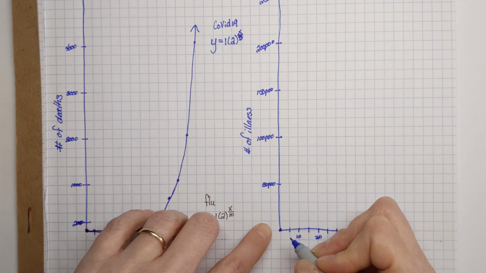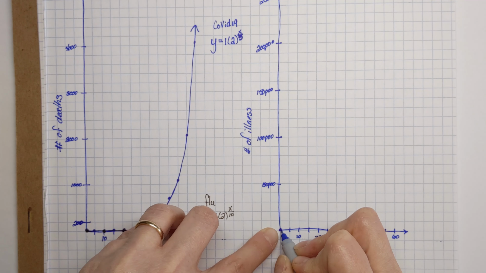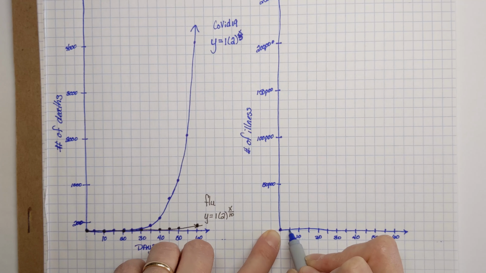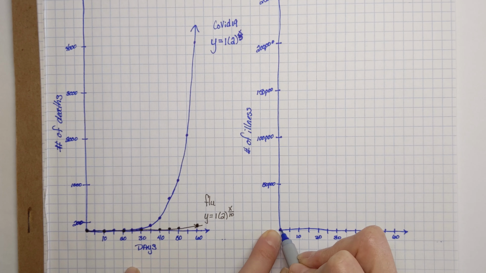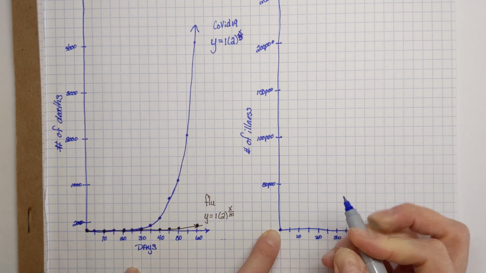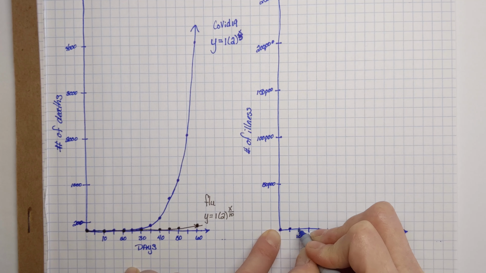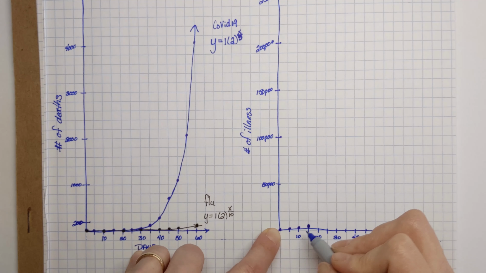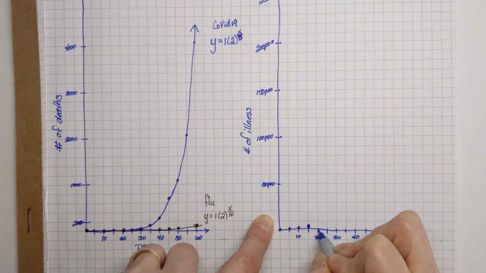So that's still, if the first tick mark is 10,000, that means this is not coming off of the grid here, okay? But it doubles every 5 days. So if we have 100 people here, that means we have 200 people. 400, 800, okay, we're getting off the grid a little bit. No, not really. 800 doesn't bring us off the grid because remember this is 10,000.